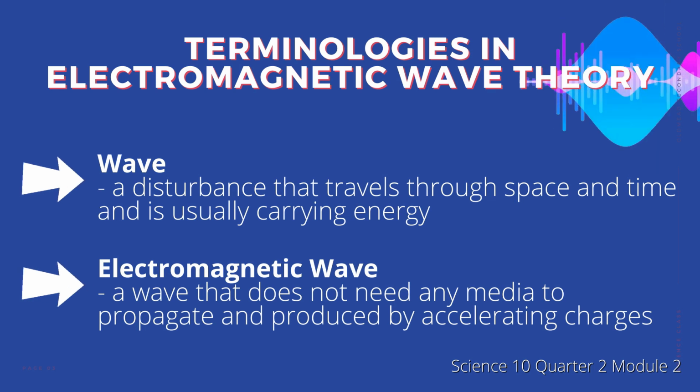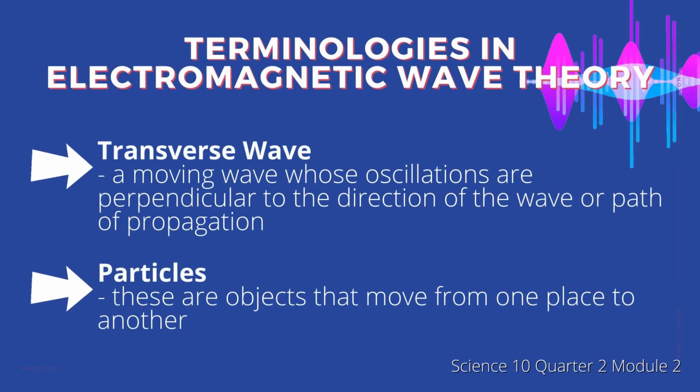A wave that does not need any media to propagate and is produced by accelerating charges. Transverse waves. It is a moving wave whose oscillations are perpendicular to the direction of the wave or path of propagation. Particles. These are objects that move from one place to another.